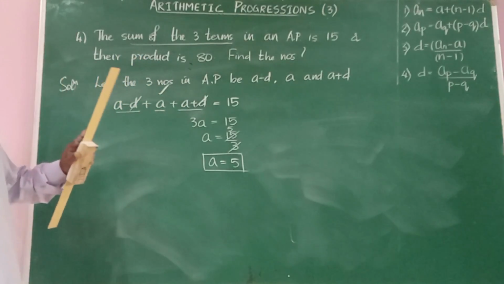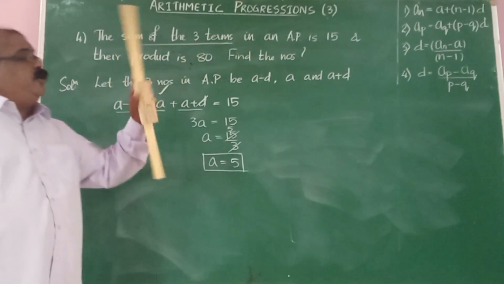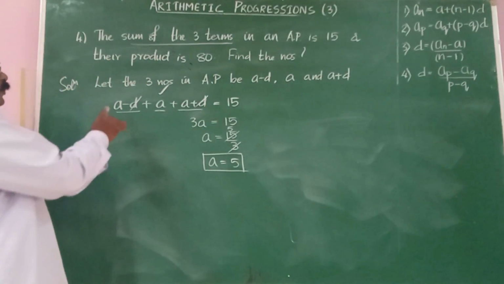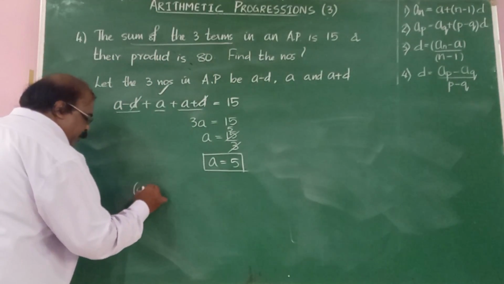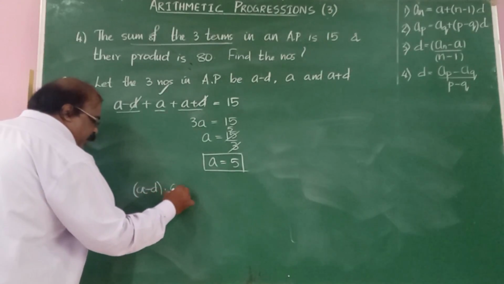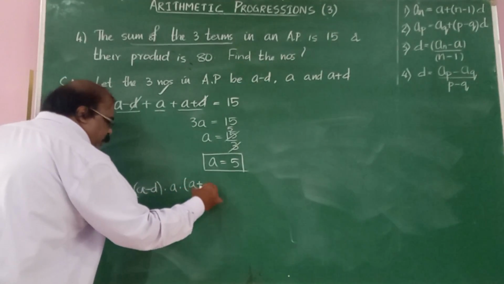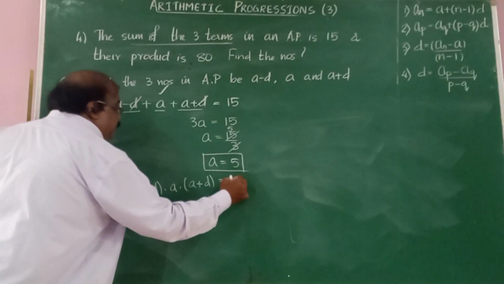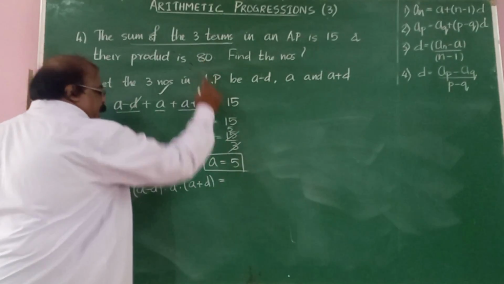Now go to the second condition. And their product is 80. The product of these three terms, a minus d into a into a plus d, is 80.